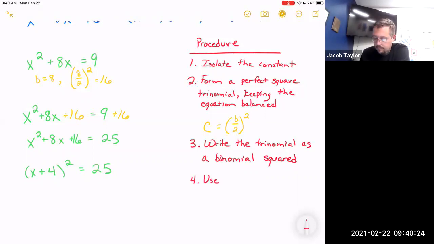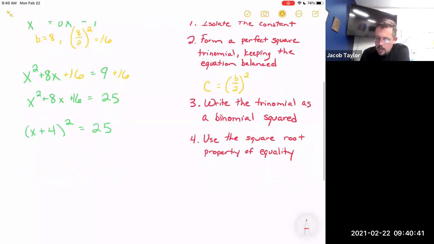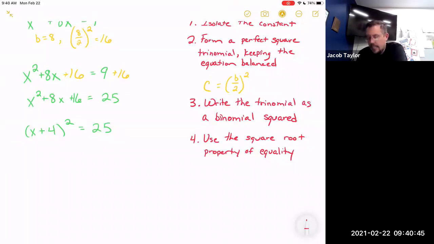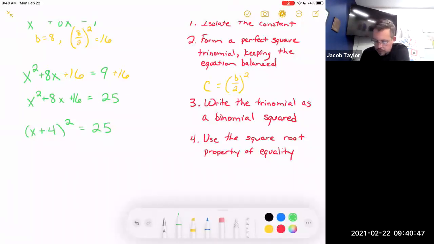It's been a long time. Use the square root property of equality. The square root property of equality is the whole reason why we did binomial squared in the first place.